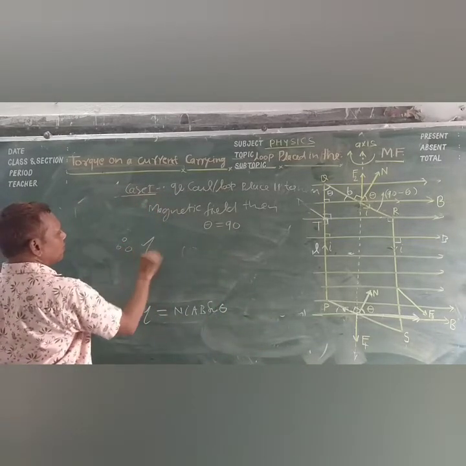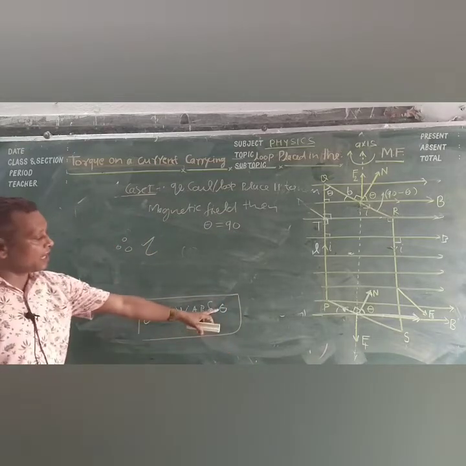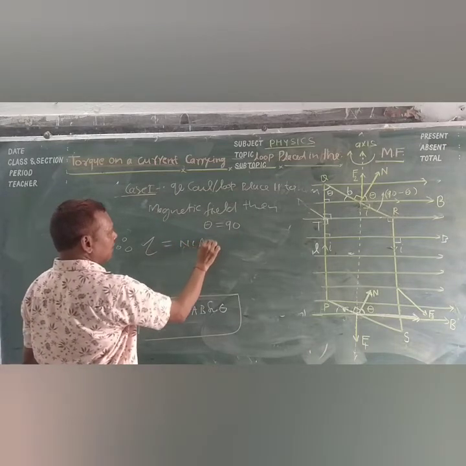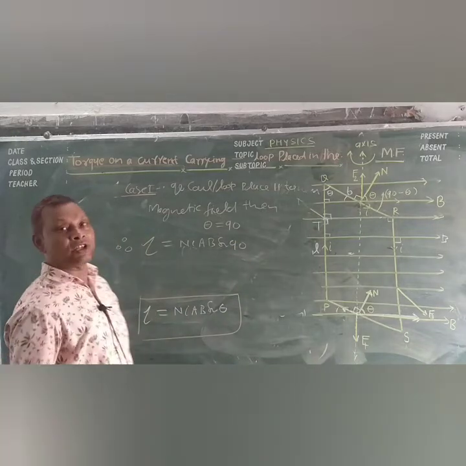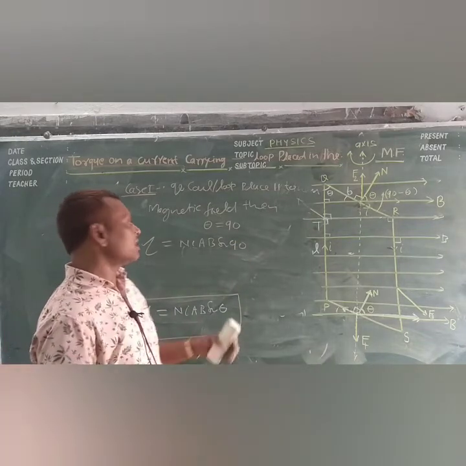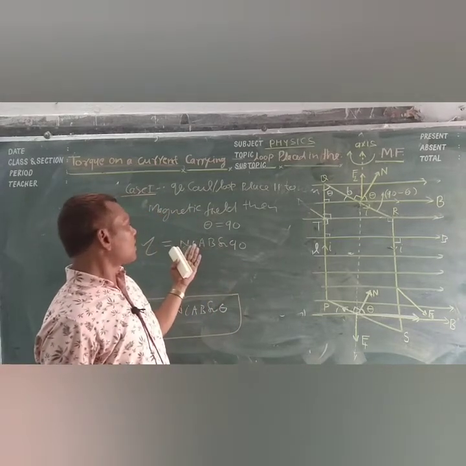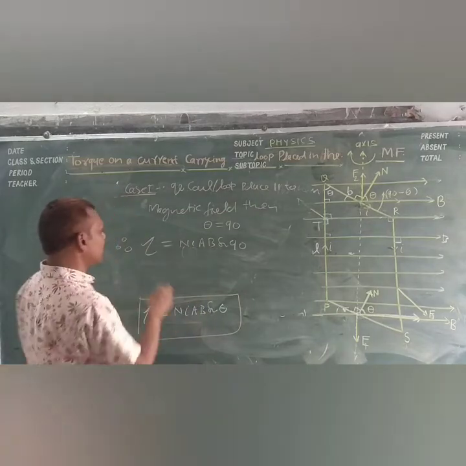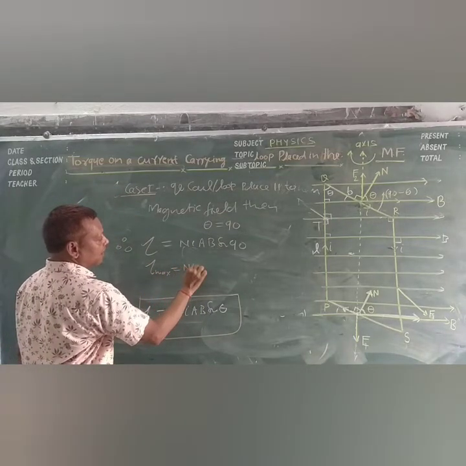Therefore tau equals NIAB sin 90. The value of sin 90 is 1 and it is the maximum value of sin theta. So the torque on the coil also becomes maximum, which is given by tau maximum is equal to NIAB.